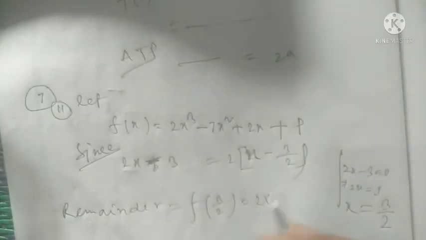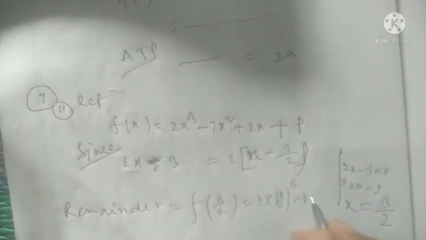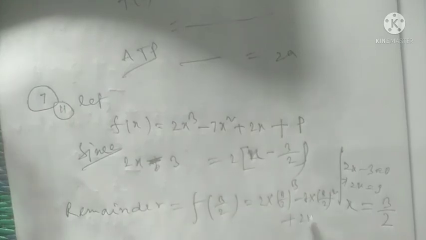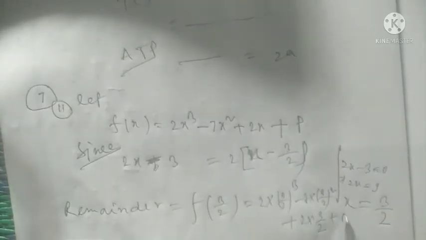remainder is equal to f of 3/2, and you have to put in here 2 into (3/2) whole cube minus 7 into (3/2) whole square plus 2 into 3/2 plus p.